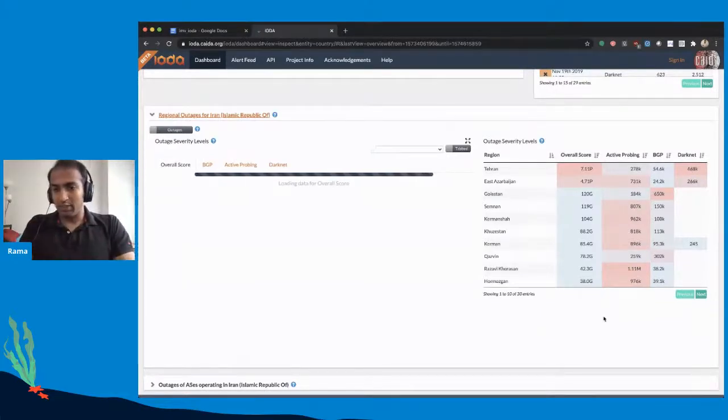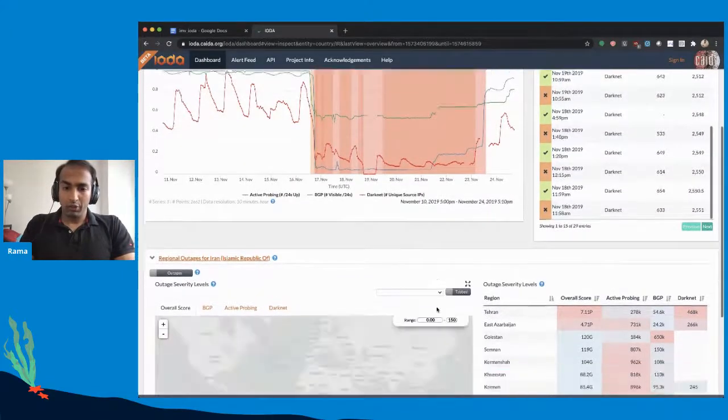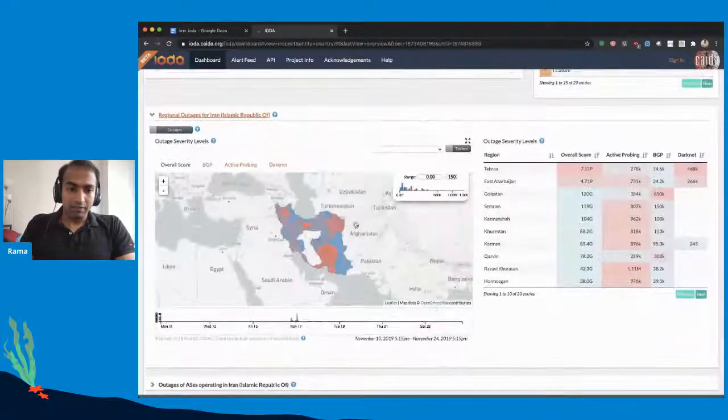For example, especially in a country like Iran, they may place a lot of the addresses in Iran right in the capital. But you'll see when this infographic eventually loads that this particular outage actually affected quite a few regions in Iran.